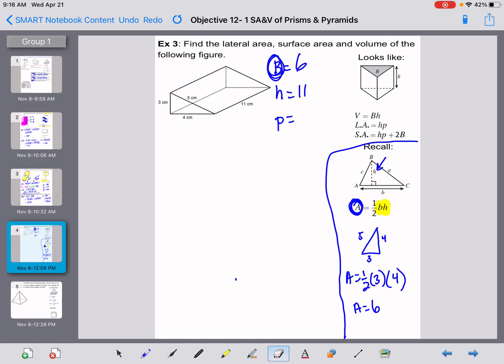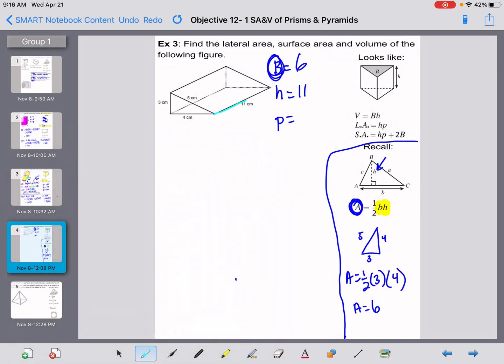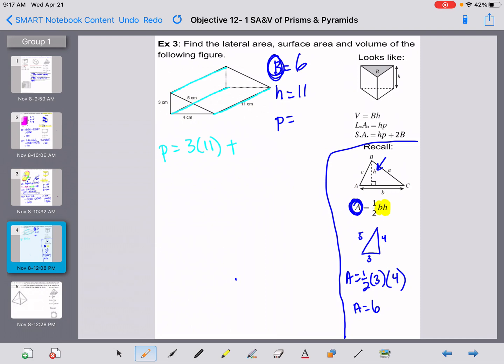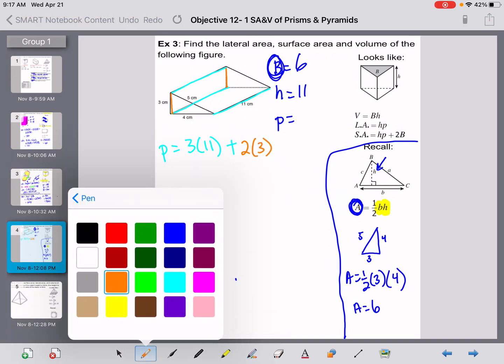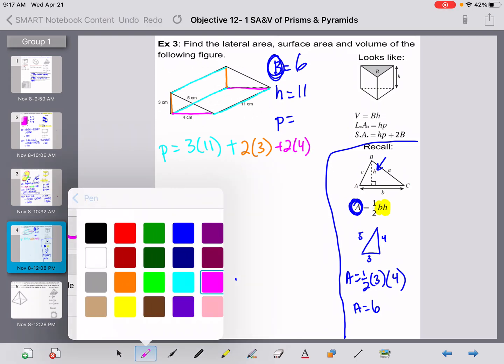So the perimeter is going to be adding all of these pieces up. So I've got 1, 2, 3 that are 11. All right. And what else do I have? Let's use orange. I've got 1, 2 that are 3. Pink. Now I've got this 4 on this 4. So I've got 2 that are 4, and then I've just got the little slant.